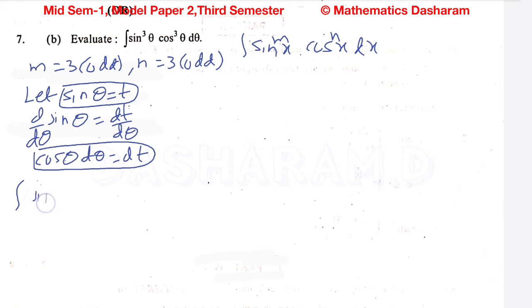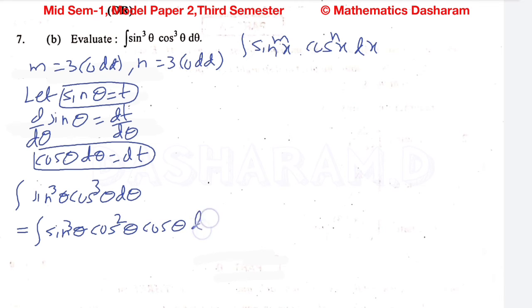What is the question? Integration of sine cube theta into cos cube theta d theta equals integration of sine cube theta, and cos cube theta can be written as cos square theta into cos theta d theta. Why? Because here dt, the value cos theta into d theta, is there.